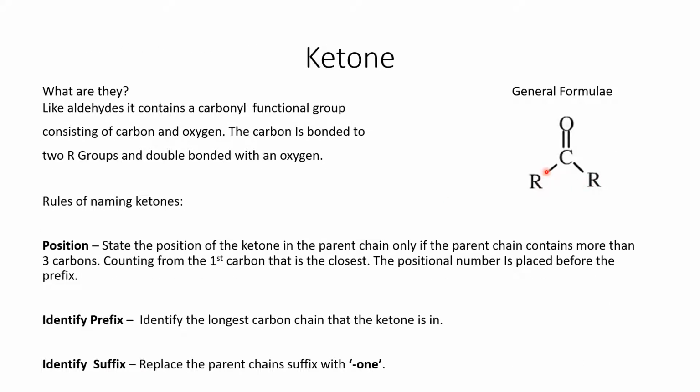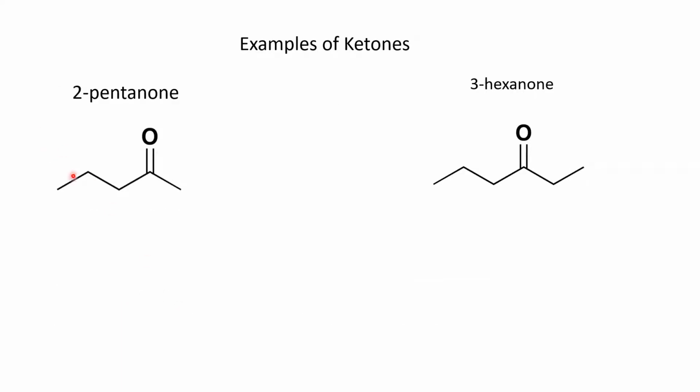Ketones are like aldehydes, but they're not attached to the first carbon. So essentially, you have a carbonyl group, and the carbon is attached to 2 R groups as well. When it comes to stating the name, all you need to do is state the position of the ketone, as you can see here, in relation to the first carbon. Identify the prefix, which is the number of carbon atoms there are in the chain that contains the functional group, and then attach the suffix -one.